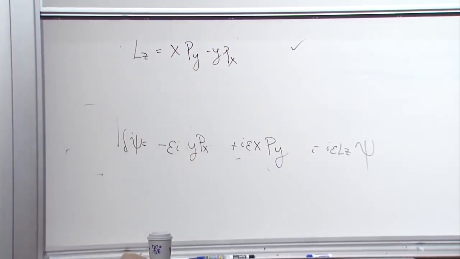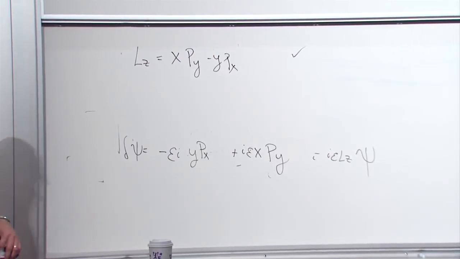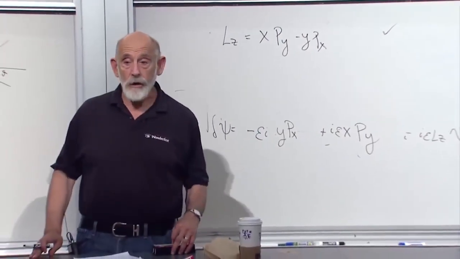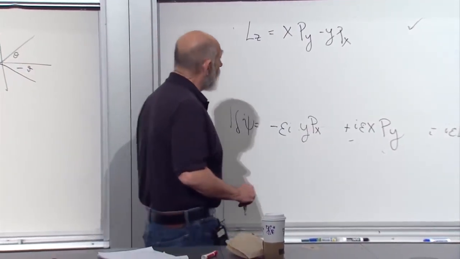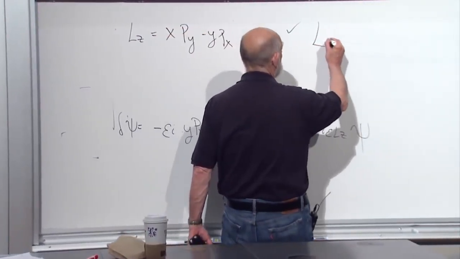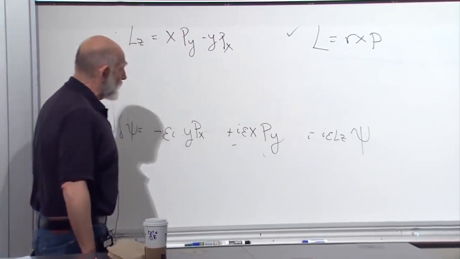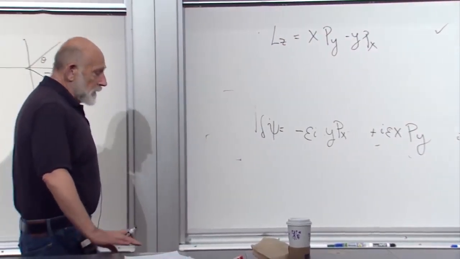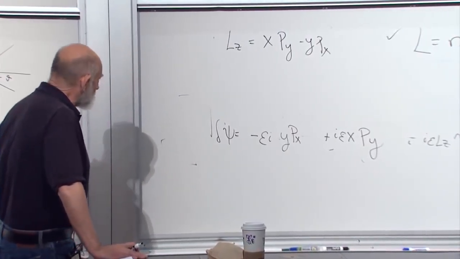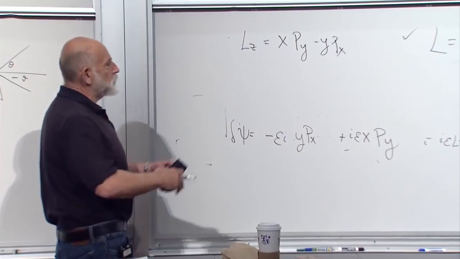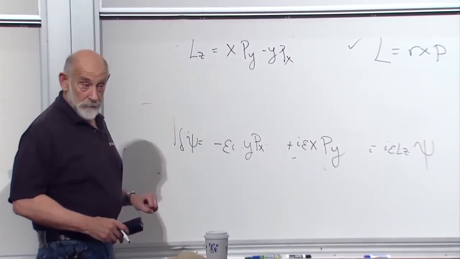I lost track of the sign, but this is the correct sign. Have you seen that before? That's the component of r cross p, the standard three-dimensional angular momentum, r cross p. So now we see a new interpretation of r cross p. Not just the mechanical angular momentum from classical physics, but it now has the role of the thing which generates small rotations by acting on the wave function.